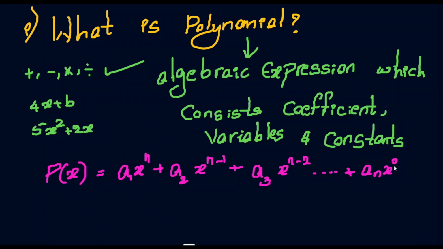There is nothing left as the power of x, so we consider it as 1, because anything power 0 is 1. So it is simply an.